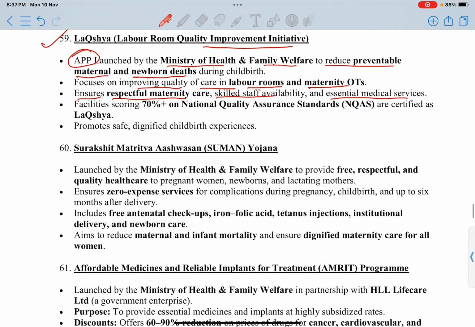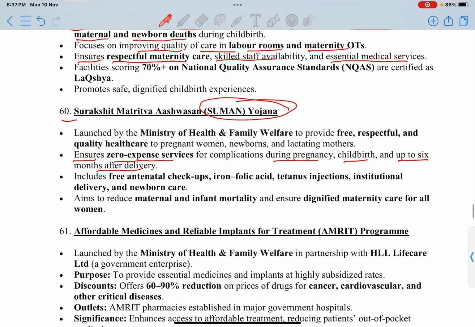Next, Surakshit Matritva Aashwasan, Suman Yojana. In the exam, they may ask what is Suman Yojana, launched again by the Ministry of Health and Family Welfare. It ensures zero expense service for complications during pregnancy, childbirth, and up to 6 months after delivery.